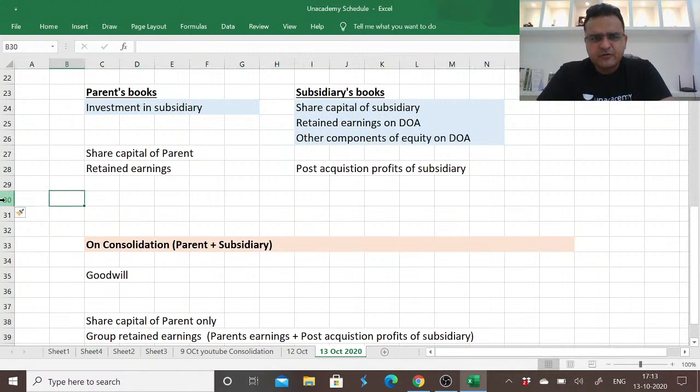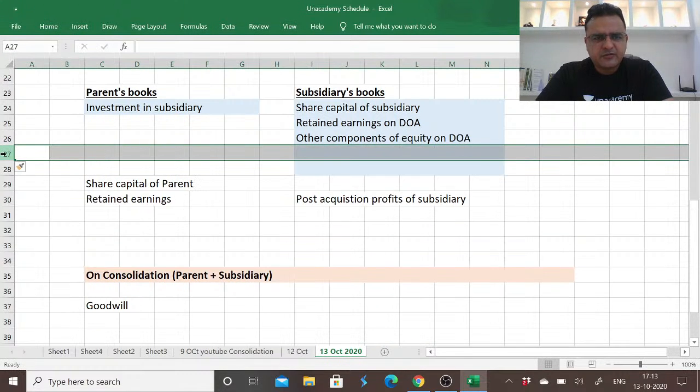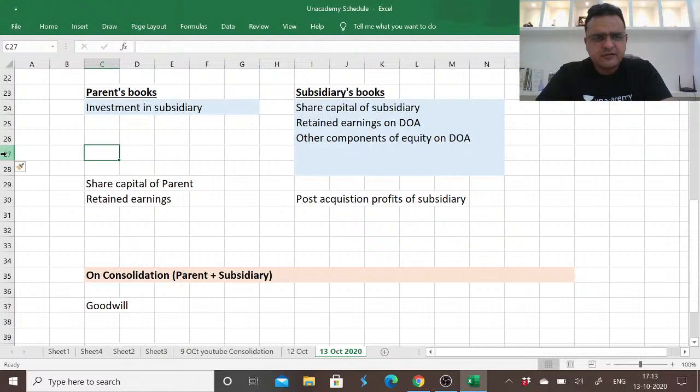If there is any loan between two parties, the parent shows loan receivables as part of their assets, and the subsidiary shows loan payables.